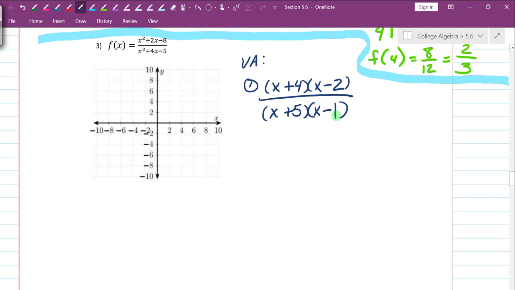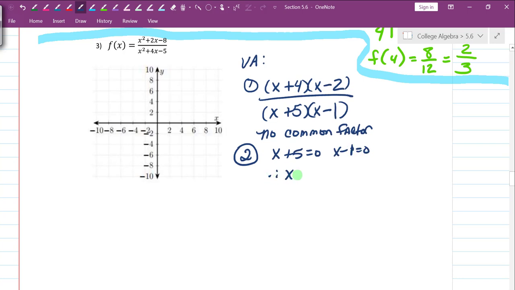I do not have a common factor, so there's nothing here to reduce, so no common factor. Step 2, because I'm looking for vertical asymptotes, I'm going to look at the denominator. I'm going to say x plus 5 equals 0, x minus 1 is equal to 0.